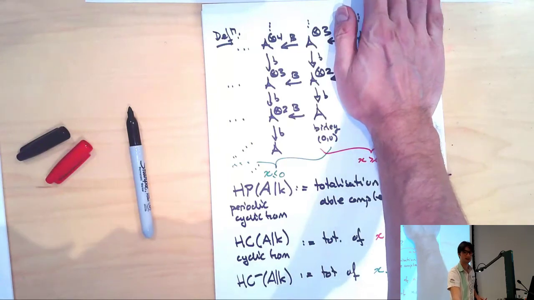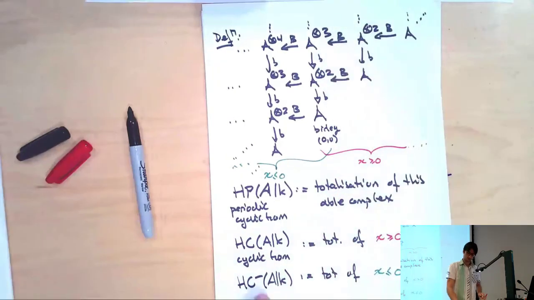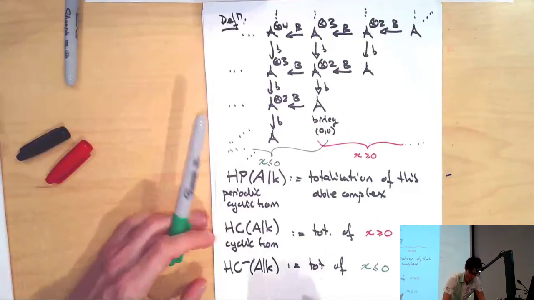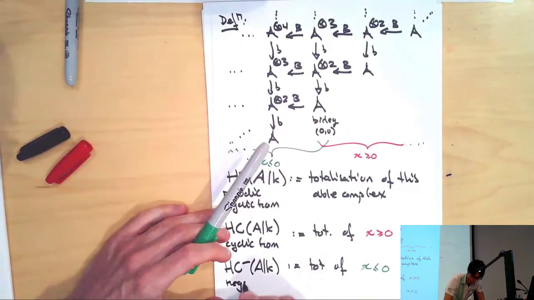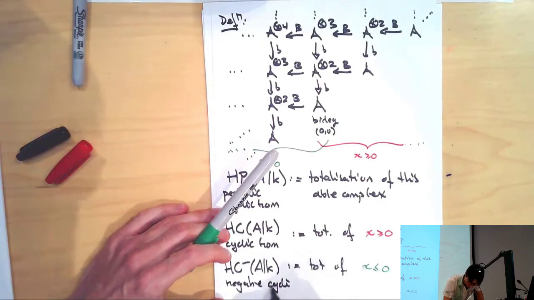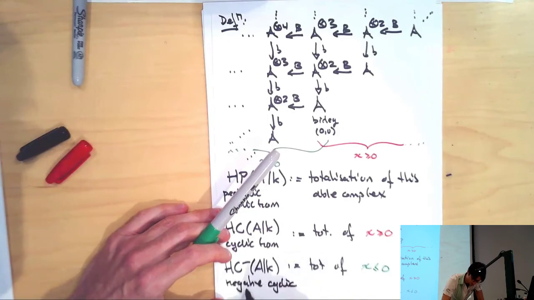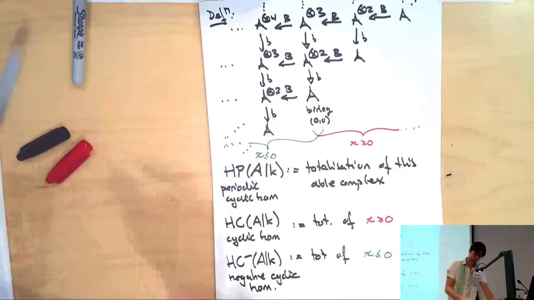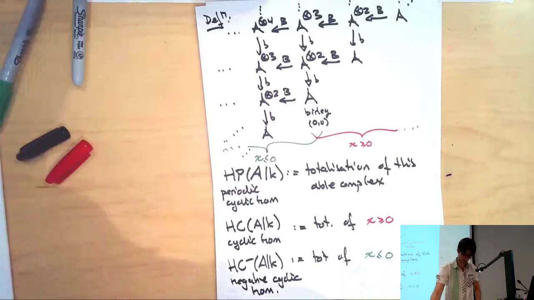I totalize that, and I get the so-called negative cyclic homology. So there we go.